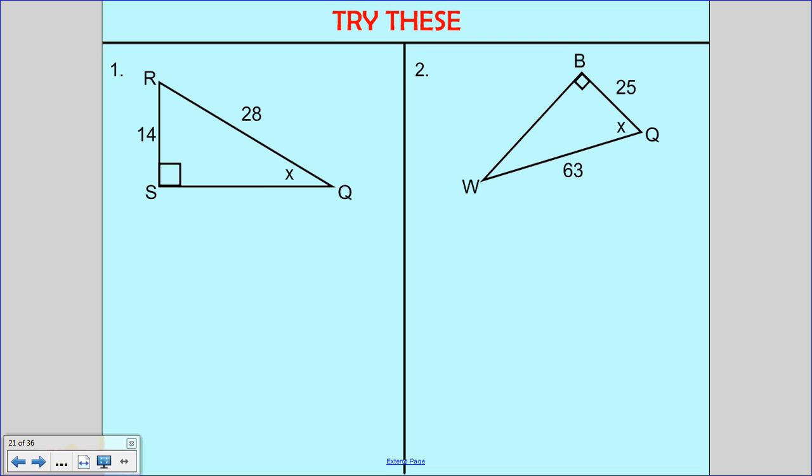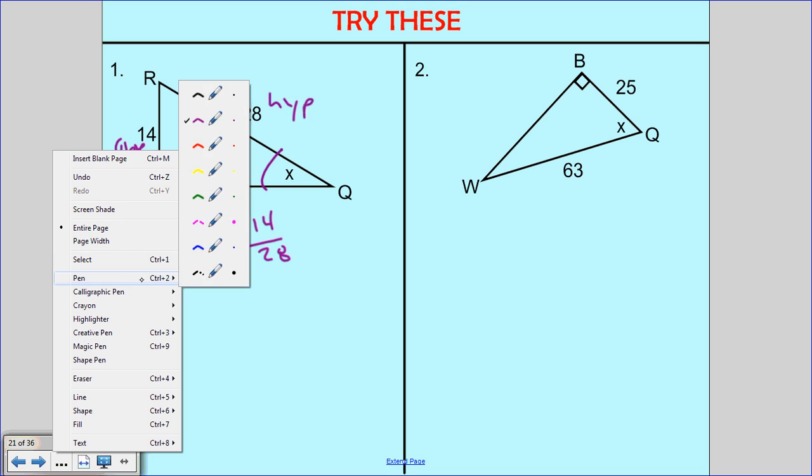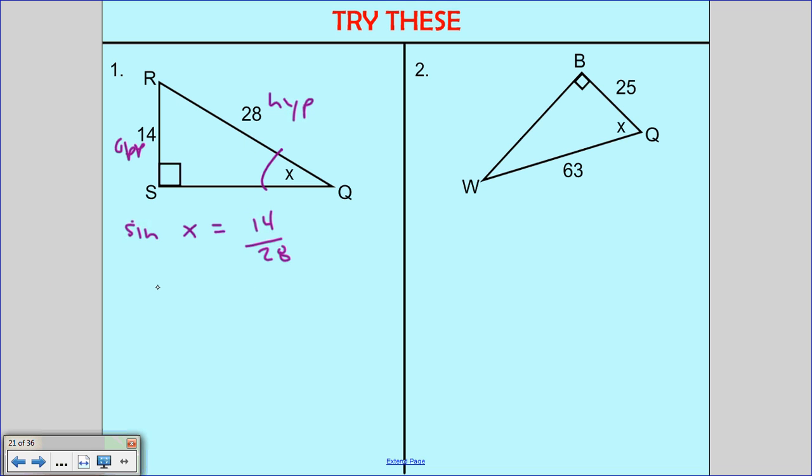So here's angle X. We have side 14, which is opposite, and 28, which is the hypotenuse. So we can use sine. So the sine of X is equal to 14 over 28, opposite over hypotenuse. And I know I'm going to have to apply the inverse of sine to get X by itself. So X is going to equal sine inverse of 14 over 28.